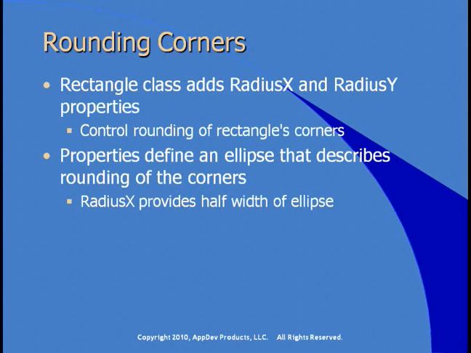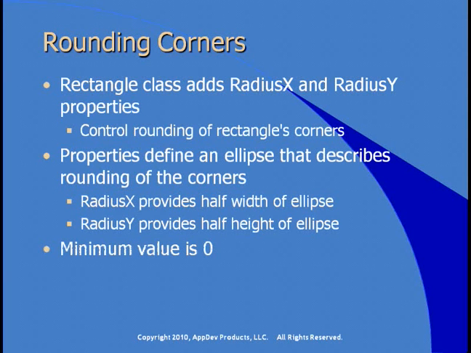The radius x property provides half the width of the ellipse, and the radius y property provides half the height of the ellipse. You have to imagine an ellipse in your mind, and radius x is from the center to the horizontal edge of the ellipse, and radius y goes from the center to the top or the bottom of the ellipse.